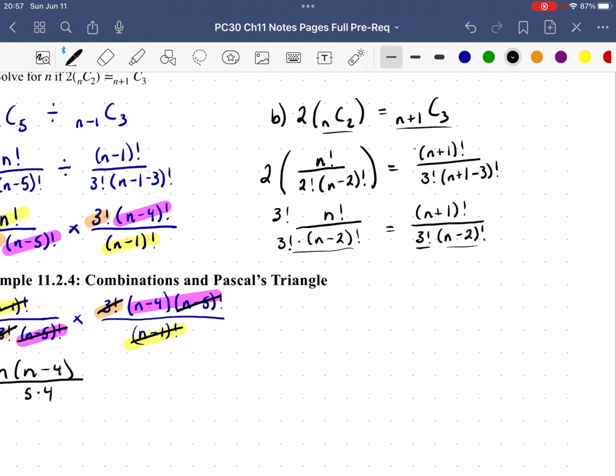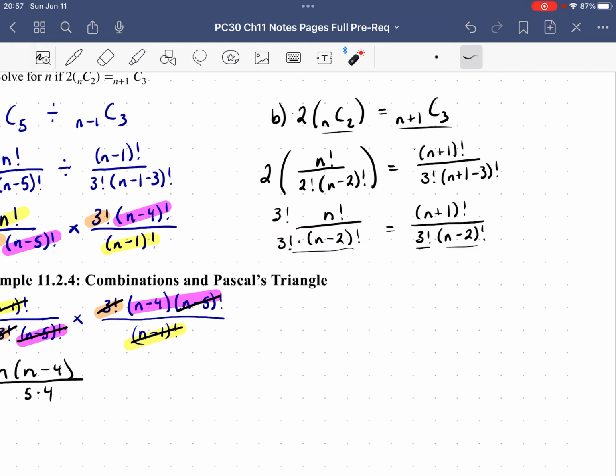Now that our denominators are the same, we've got 3 factorial times n factorial is equal to (n plus 1) factorial. We can just look at our numerators, right? We've got common denominators, so we can look at our numerators.